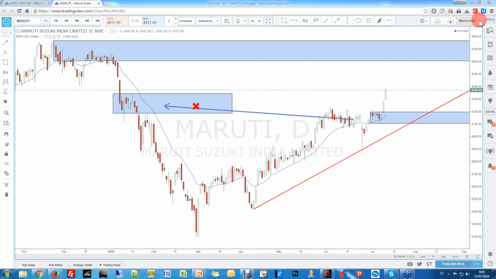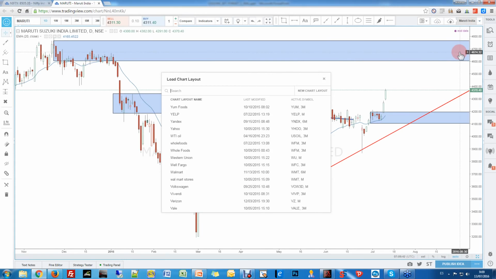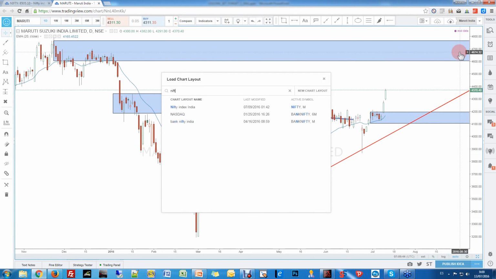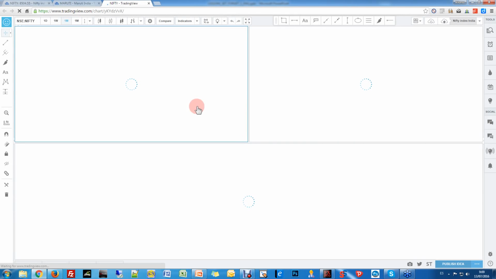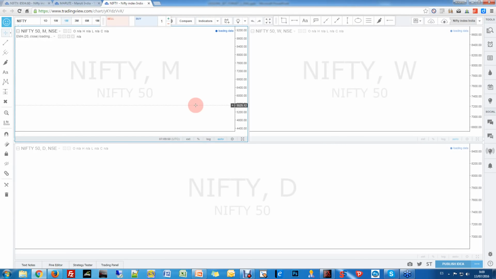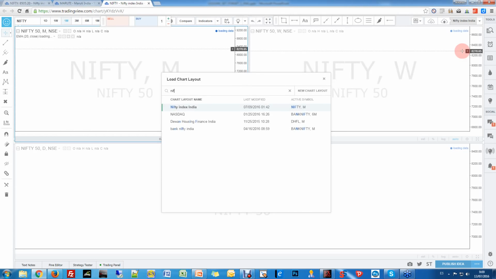I'm going to try to load a Nifty index or at least the Nifty bank. I don't know why this is not loading. It says invalid symbol, but the symbol is correct. I've always loaded it. Loading data, but not loading. This is the main index. So let's see Nifty bank.